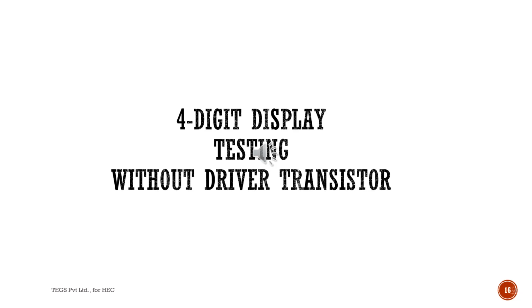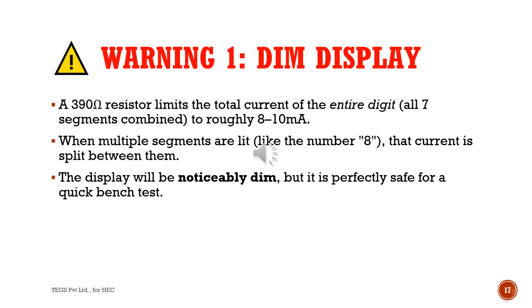This section pertains to 4-digit display testing without driver transistor. Warning: dim display. A 390 ohm resistor limits the total current to the entire digit to roughly 8 to 10 milliamperes.